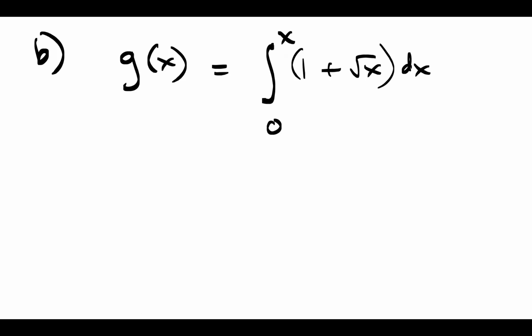This is the antiderivative. But remember, you're just going to use the first fundamental theorem of calculus, right? Saying the derivative of this is, and then you just state it. Should take you 10 seconds. It's just 1 plus square root of x.